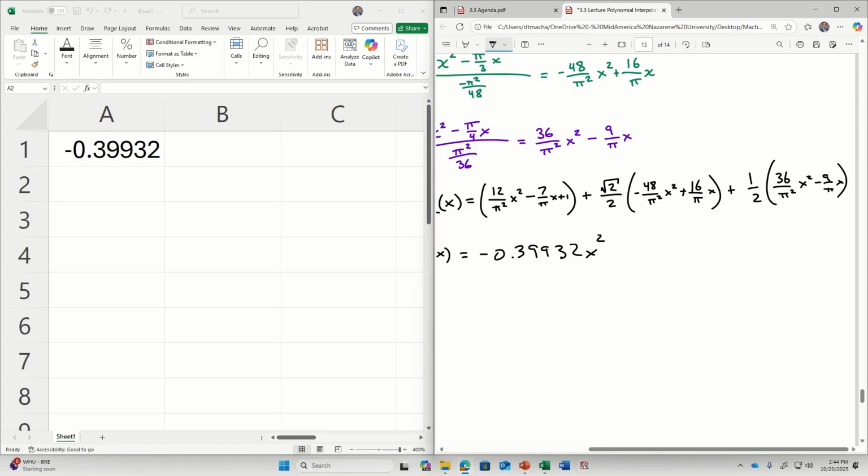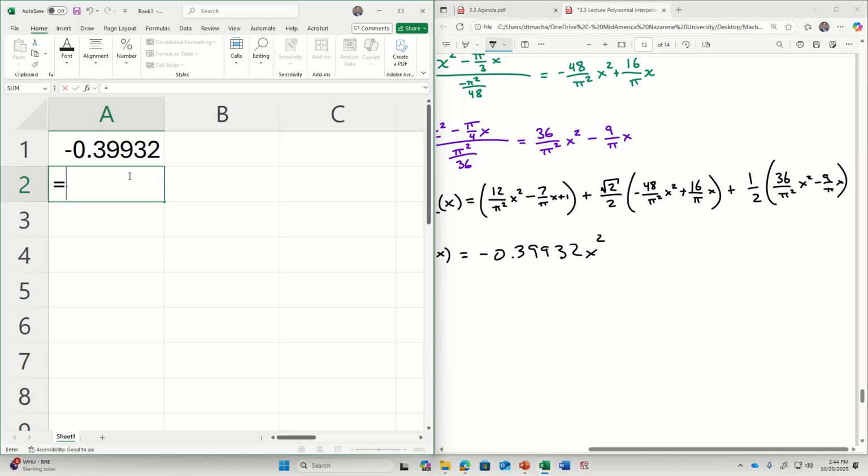Okay, what about x? For x, we've got negative 7 divided by pi plus square root of 2 divided by 2 times 16 divided by pi. Oh, I'm not done, because I still got the third term, plus 1/2. I should really say minus 1/2.